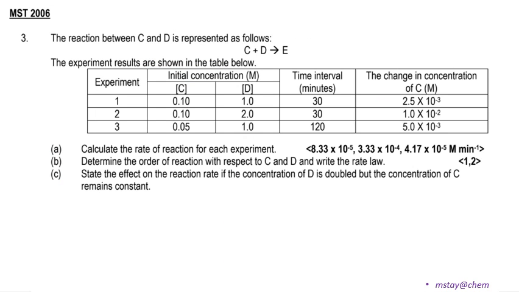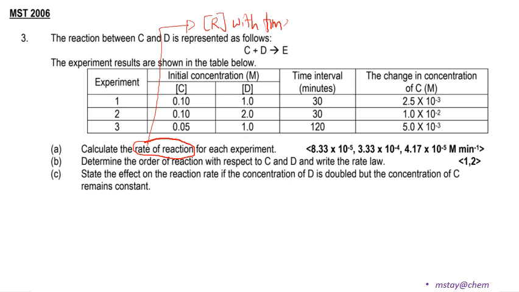Besides the questions related to formulas, sometimes we may have a simple question like this. First, it asks us to calculate the rate of reaction. As we already know, the definition of rate of reaction is the change of concentration of reactant with time.